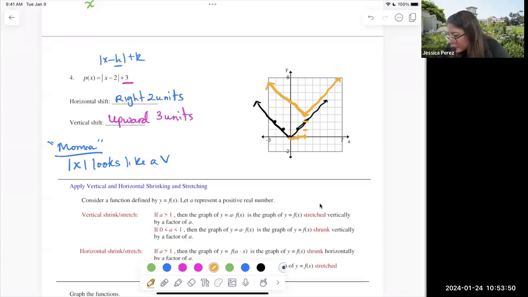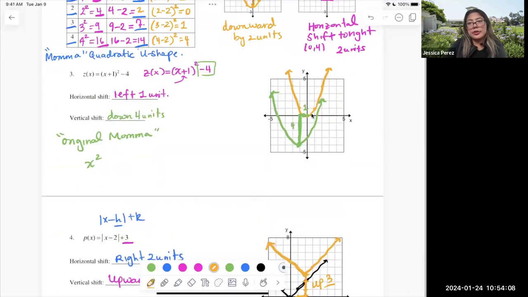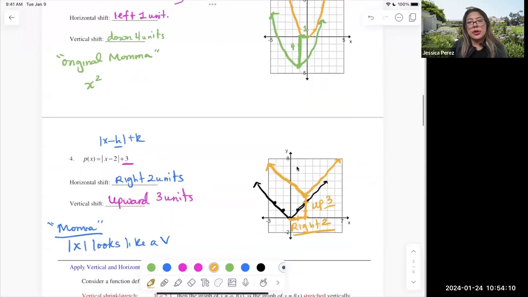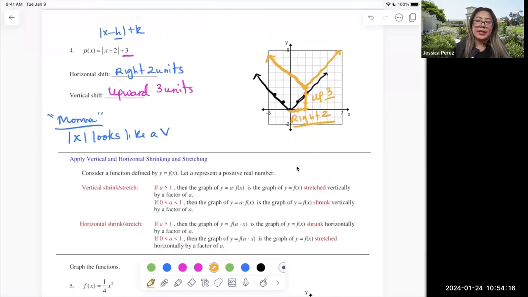So again, 2 units to the right and then up 3. It's always horizontal first. Always horizontal, then vertical. See how up here we did left first, and then down. So it's always horizontal first. Okay, and that's how our graph looks. Again, Desmos will be your best friend to be able to modify and see the graph.